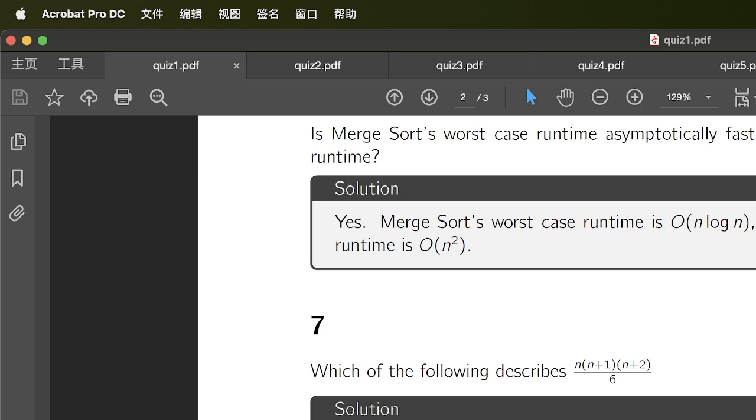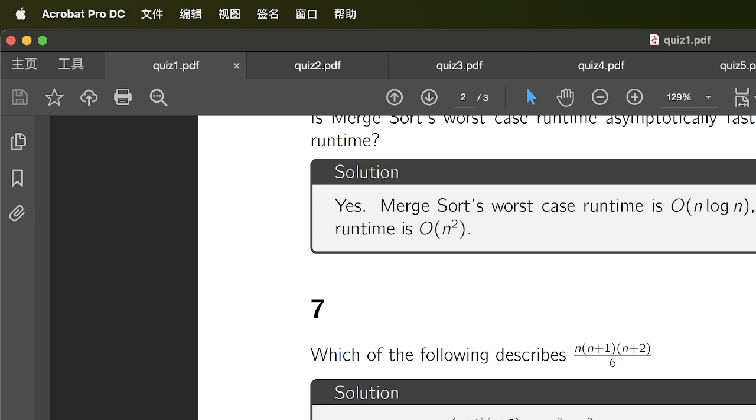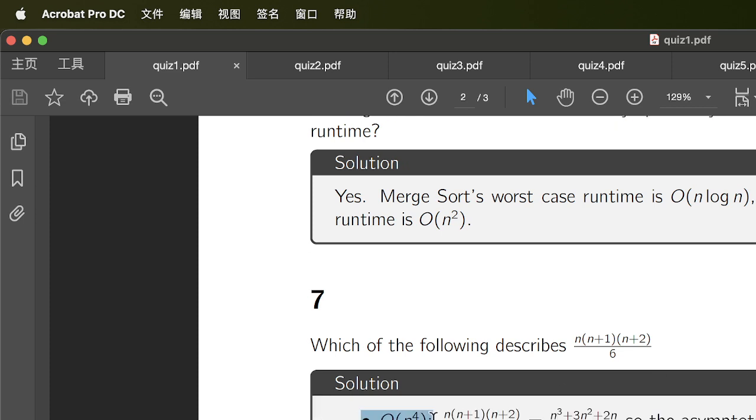So to figure out the big O notation, as we said before, we can ignore all the constants and the n squared and the n part, and finally we got the n cubed left. And we can also say it is equal to O of n to the 4 because n to the 4 grows faster than n cubed. So that means we can say n to the 4 is the upper bound. So this solution is right.